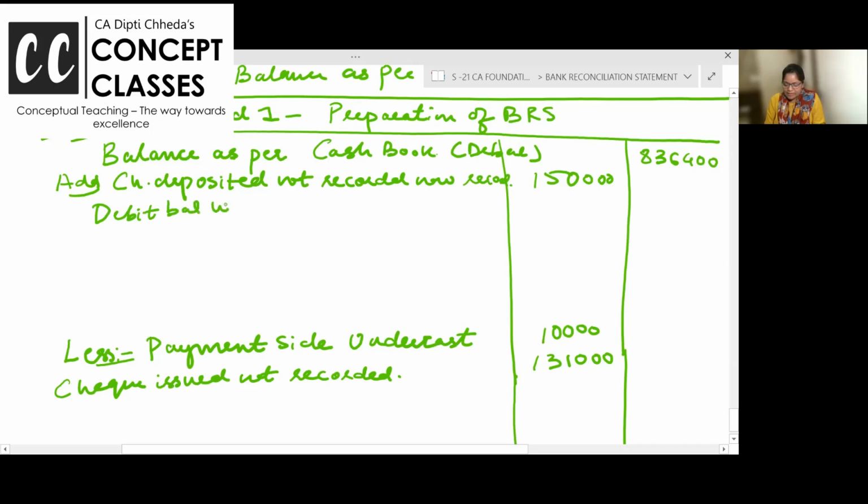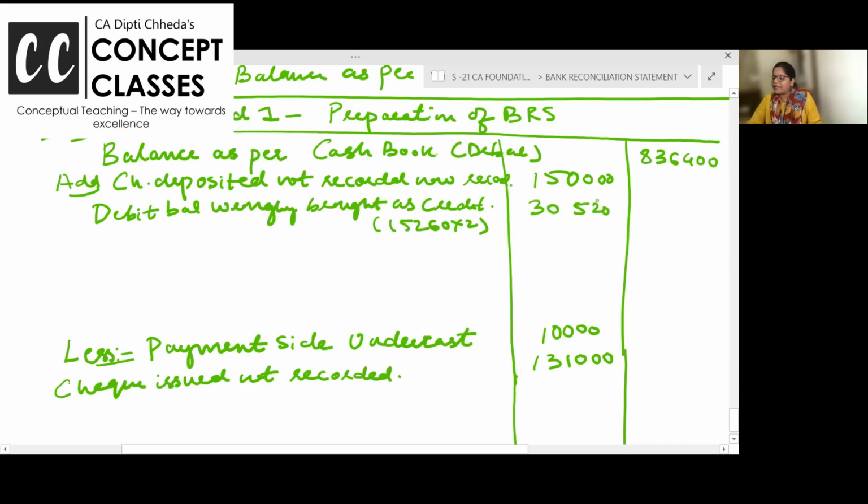Debit balance wrongly brought as credit, so now you debit with double the amount. 15,260 into 2, 30,520. Nice and clear to all of you.